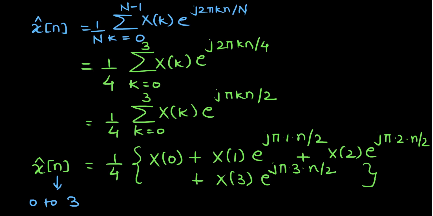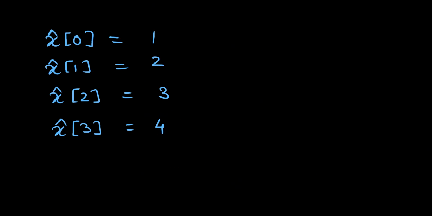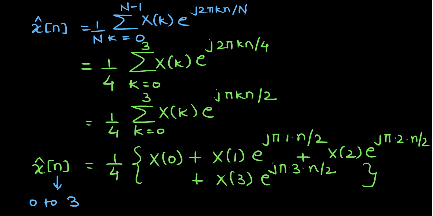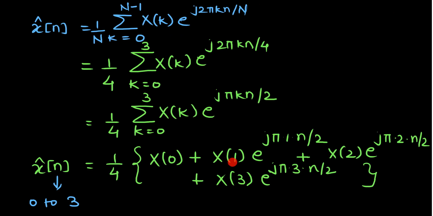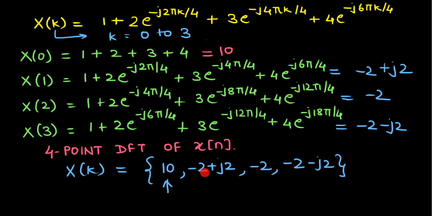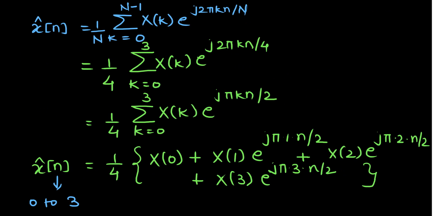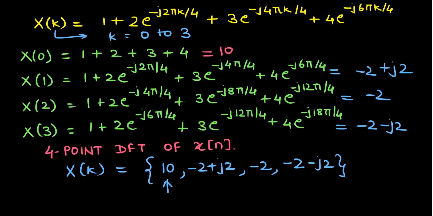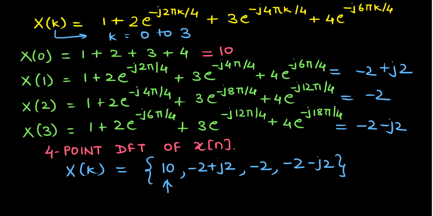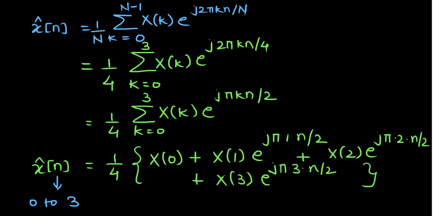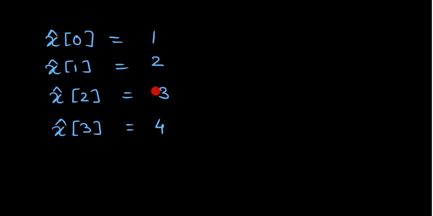That is 0 to 3, and when we substitute the value of n from 0 to 3, the values that we obtain are x hat of 0 as 1, x hat of 1 as 2, x hat of 2 as 3, and x hat of 3 as 4. So what we need to do is substitute x of 0 as 10, x of 1 as minus 2 plus j2, x of 2 as minus 2, and x of 3 as minus 2 minus j2, and when we do this, we get back this sequence.